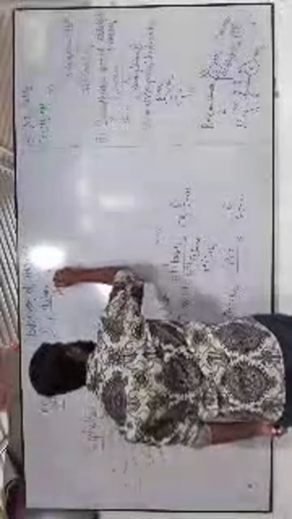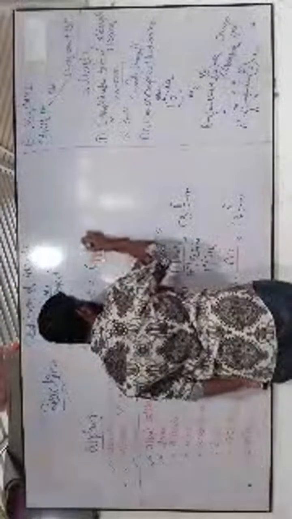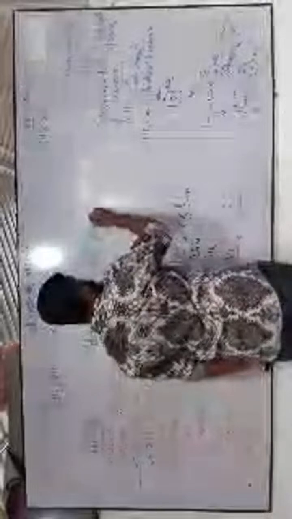If we use RC double bond H with Tollens reagent, it means you are going to use Cu2+ tartrate, copper tartrate, under basic medium.